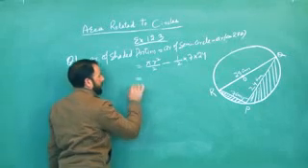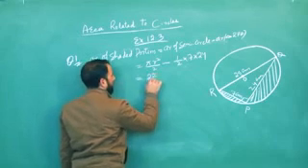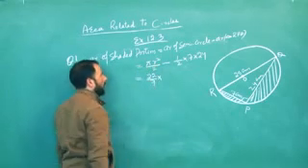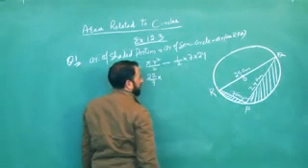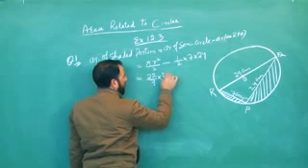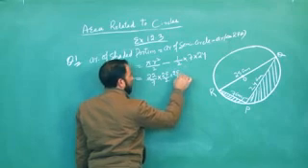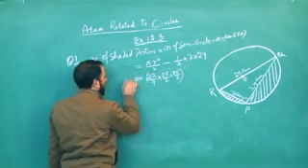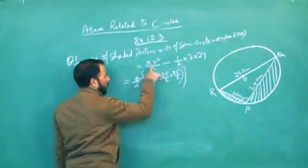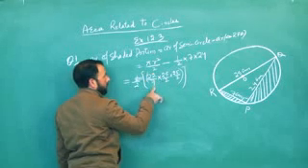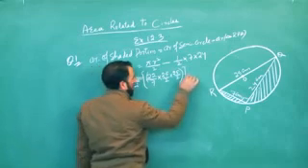Now, the value of pi is 22 divided by 7, into r square. The radius is 25 divided by 2, so r square is 25 divided by 2 into 25 divided by 2. So, 1 divided by 2 into pi, which is 22 by 7, into 25 by 2 into 25 by 2, minus 1/2 into 7 into 24.